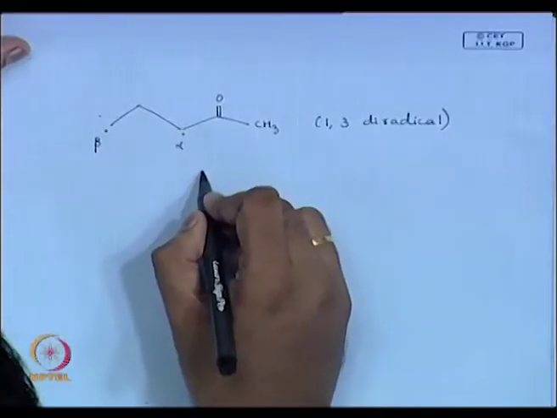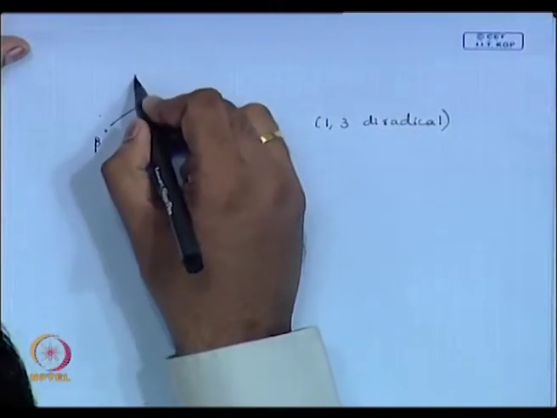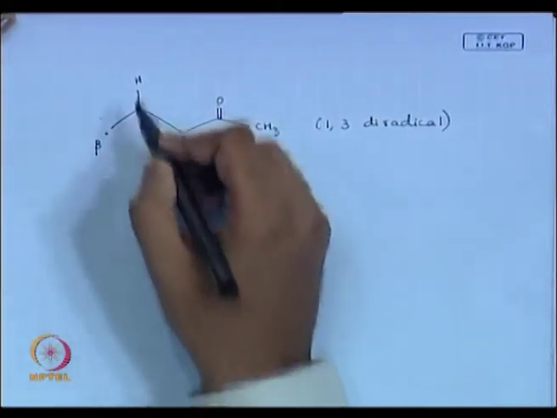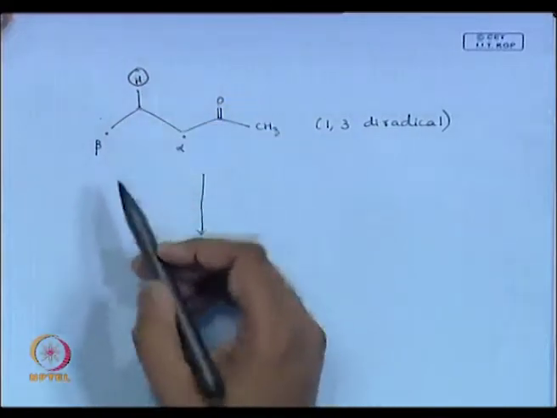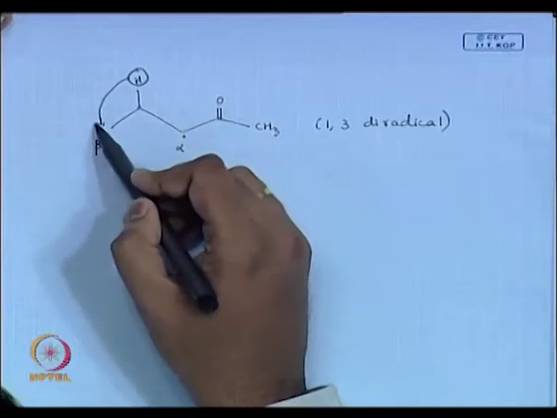It cannot do a recombination or cyclization again to give back your cyclopropane, because that is a ring strained one. What it can do, which you have studied, is a 1,2 hydrogen shift. This hydrogen can be shifted, it is a radical.